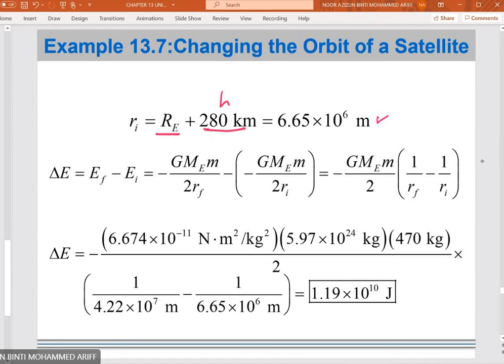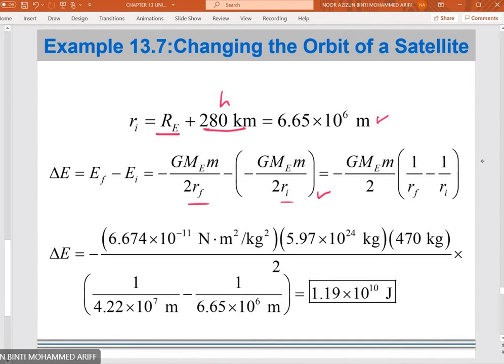Okay, you have to use this equation. With respect to initial and final. So as we calculate again, the engine energy here is actually positive, because the final is larger than the initial. So you will get about this value, 1.19 times 10 to the power of 10 joules.